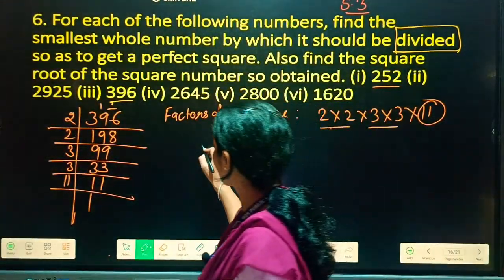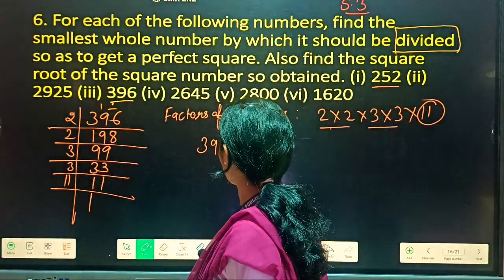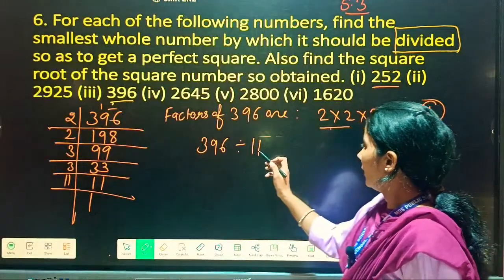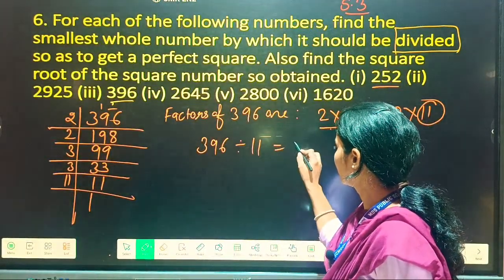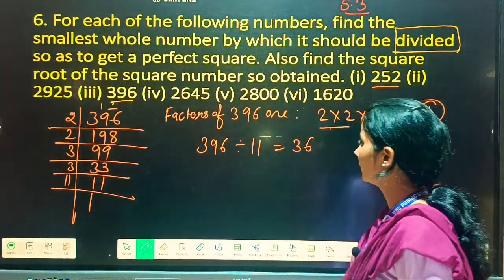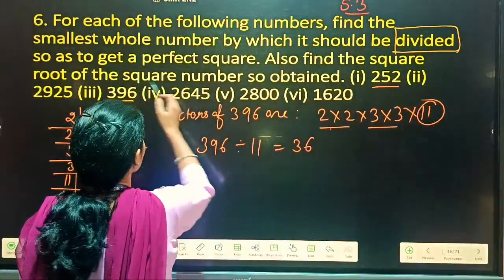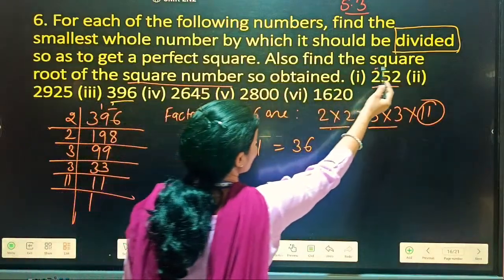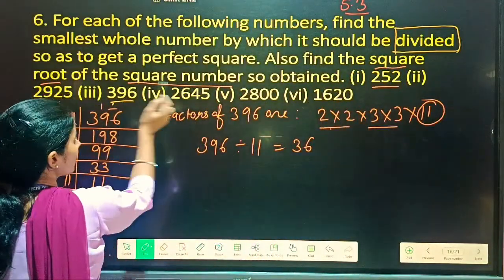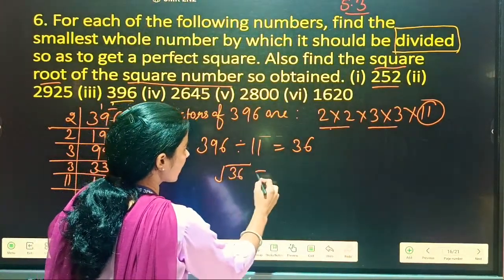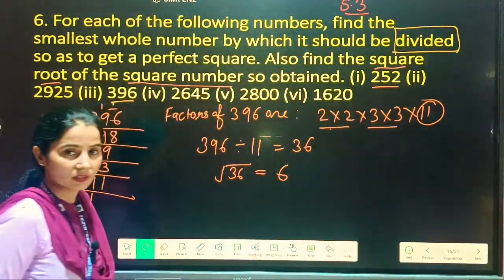So this 11 is the smallest whole number by which we have to divide our given number. Divide: 11 3s are 33 and 11 6s are 66. Now we have to find the square root of the square number so obtained. So we got 36. What is the square root of 36? It is 6.